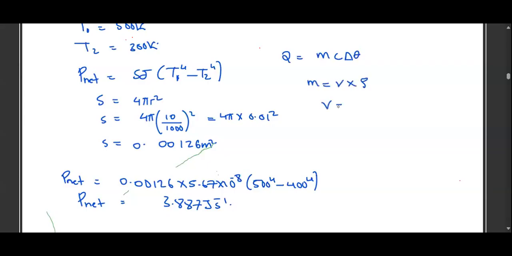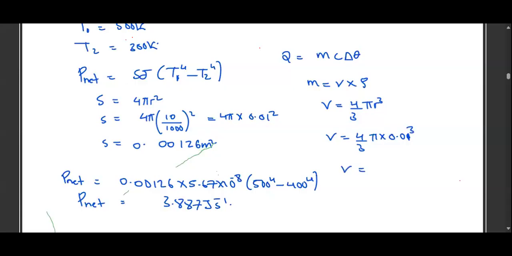But volume of a sphere is equal to 4 over 3 pi r cubed, which will be 4 over 3 pi times our radius, which is 0.01 cubed, to come up with our volume.